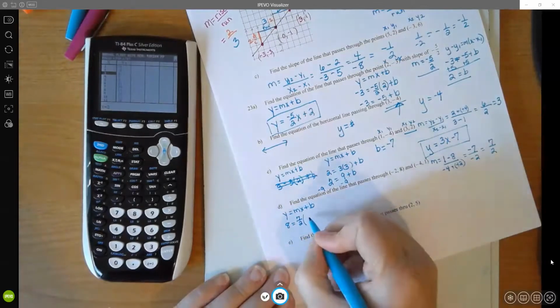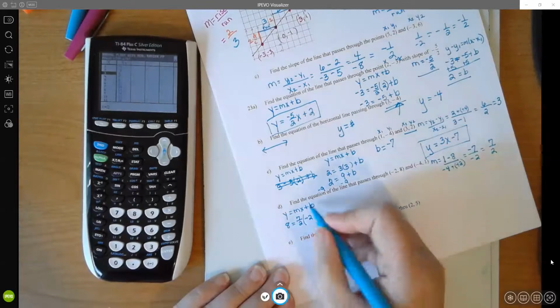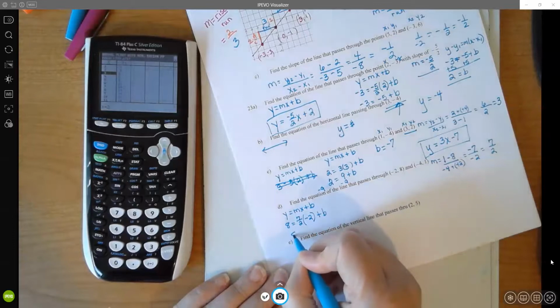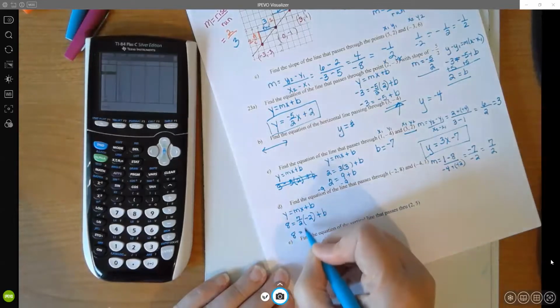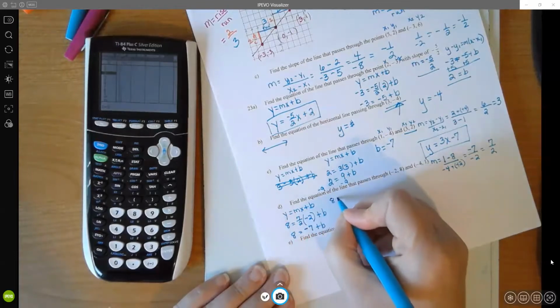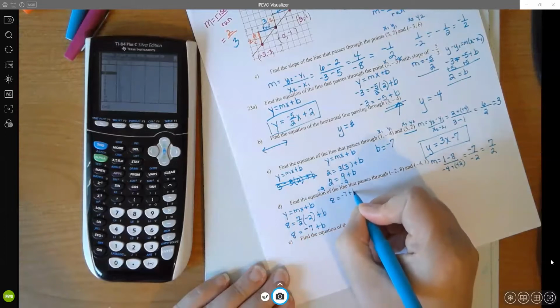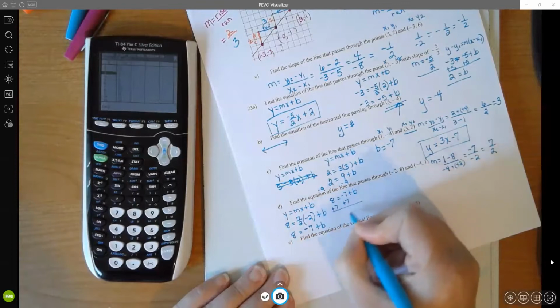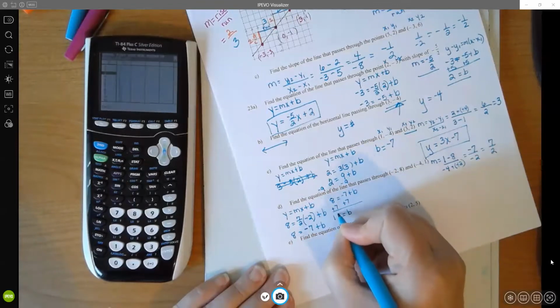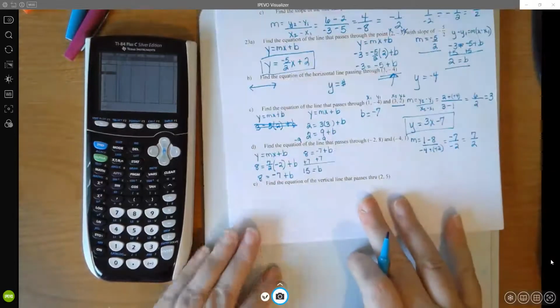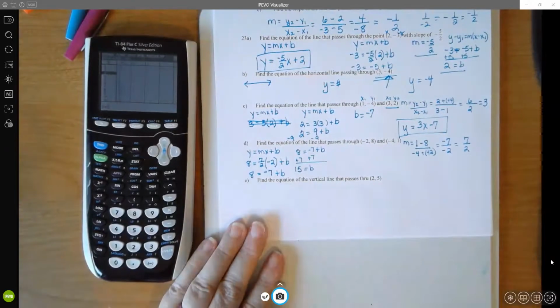My x is negative 2 plus b. 8 equals negative 7 plus b. Add 7, and b equals 15. Sorry, I didn't mean to make a paper cattywonk.